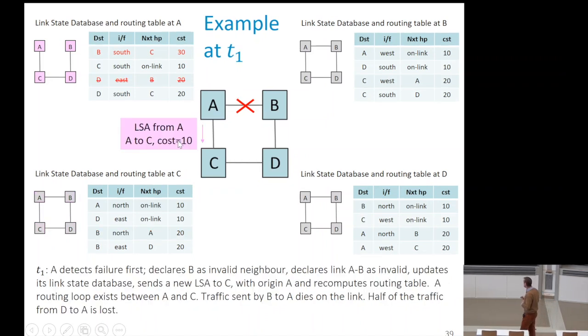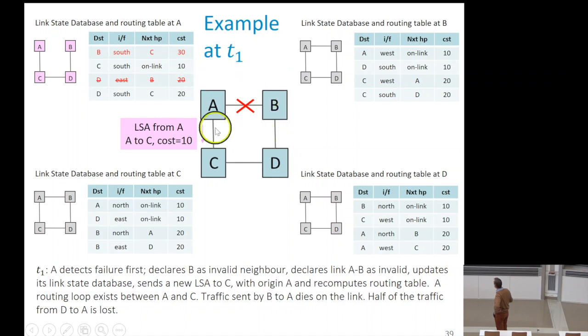So while this happens, we can observe an annoyance here. We see that the routing table, of course, A has updated its routing table. So A now has detected that B is unreachable, that the direct link from A to B doesn't work.